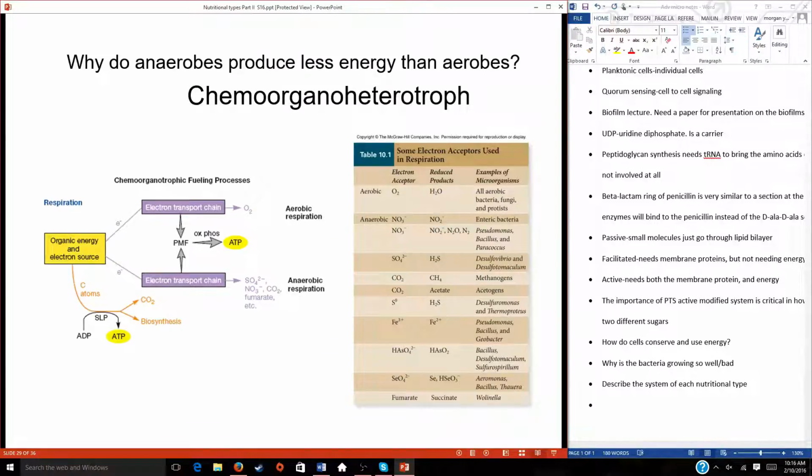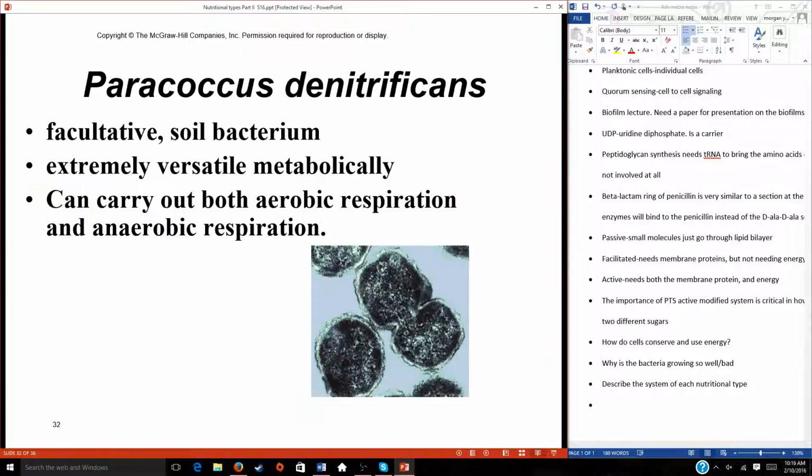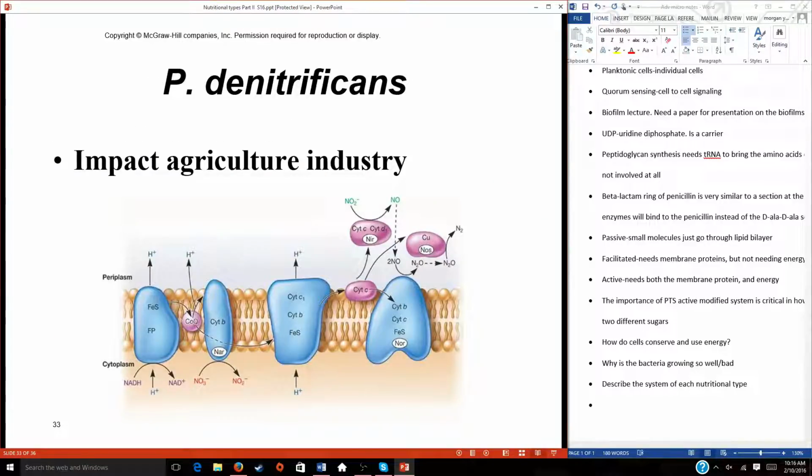Other one is this one. Just revisit it again. Why does this particular organism impact the agriculture industry? This is the way in which these organisms steal the nitrates and make the nitrates into nitrogen gas.